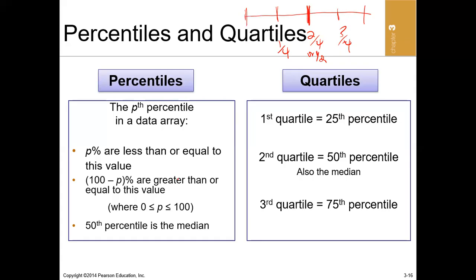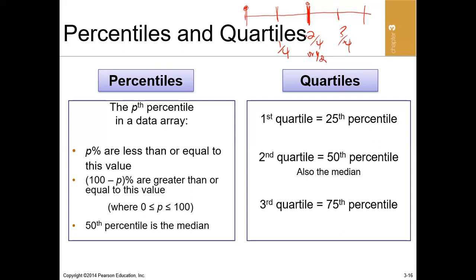Now, for decision-making purposes, somebody may also want to know the position between the beginning and the middle. That position is called the quarter position or the 25th percentile position. Remember, the median is the 50th percentile position.